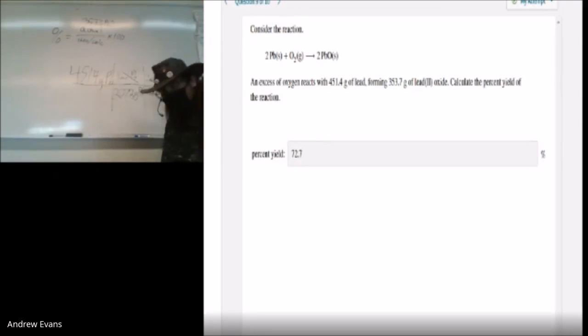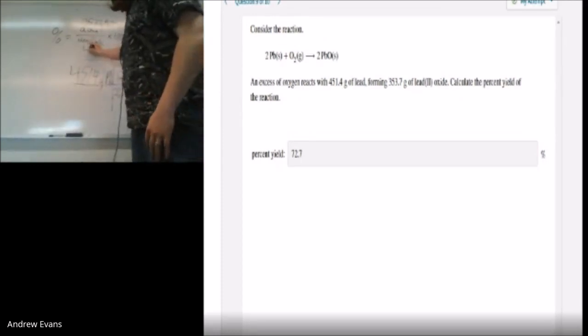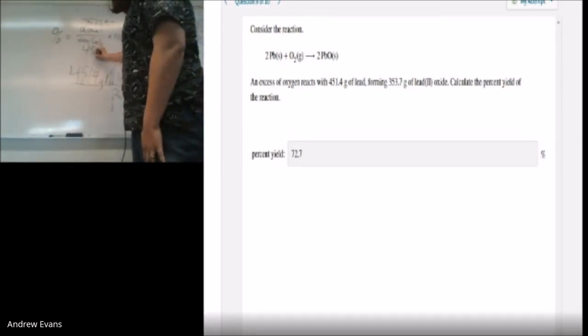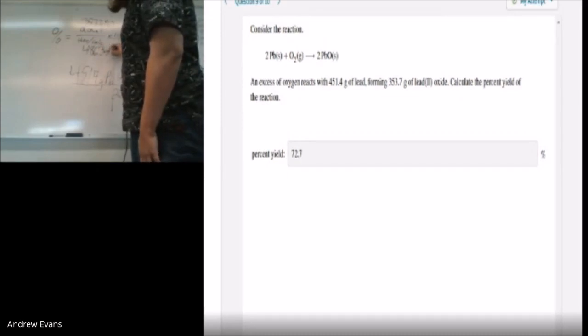How much lead oxide should you get theoretically? What is the maximum amount possible? The maximum amount possible would be 486.3. So putting that in, 486.3 grams of lead oxide.